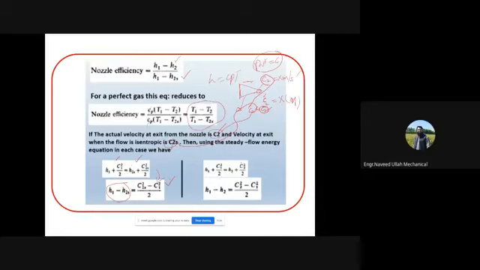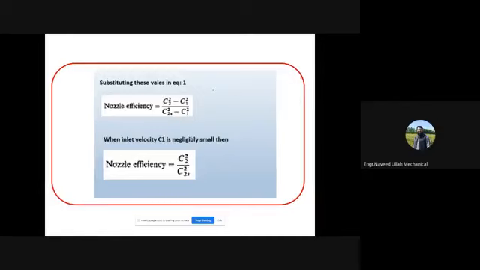And similarly for the real process, H1 plus C1 square by 2 is equal to H2 plus C2 square by 2. You put these values over here and simplify, and you will get this thing. And I told you this is your nozzle efficiency.